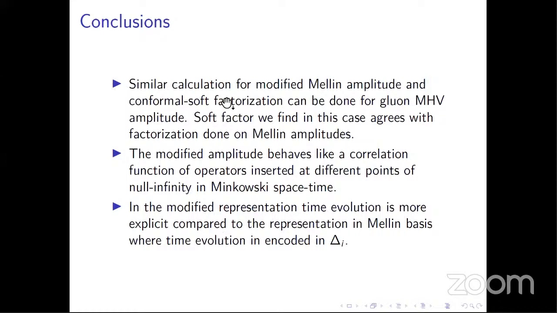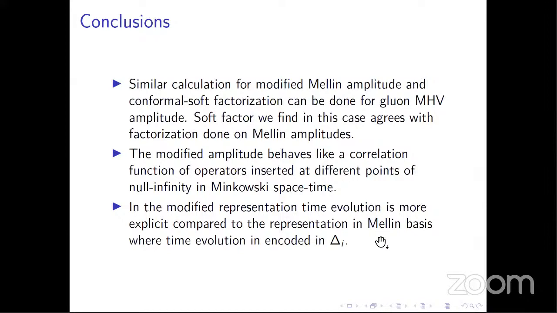So finally, the conclusion is that a similar calculation can be done for gluon amplitudes as well, and we saw that the modified amplitude behaves like a correlation function of operators inserted at different points of null infinity, like the three-dimensional space u, z, z bar. And in the modified representation, the time evolution is more explicit compared to the representation in Mellin basis.